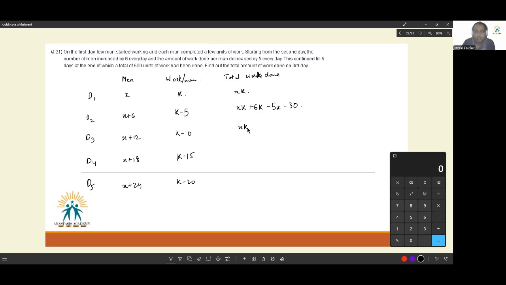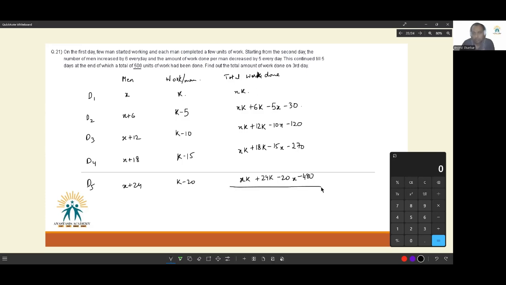Here we will get XK plus 12K minus 10X minus 120, XK plus 18K, not minus 10K here, minus 15X, minus 270, and finally XK plus 24K minus 20X minus 480. We know the total work done across all these 5 days was 500 units.